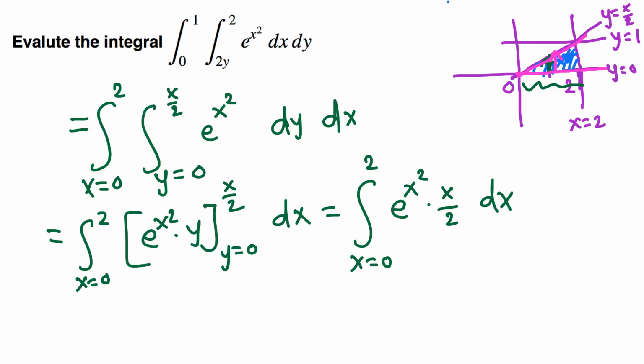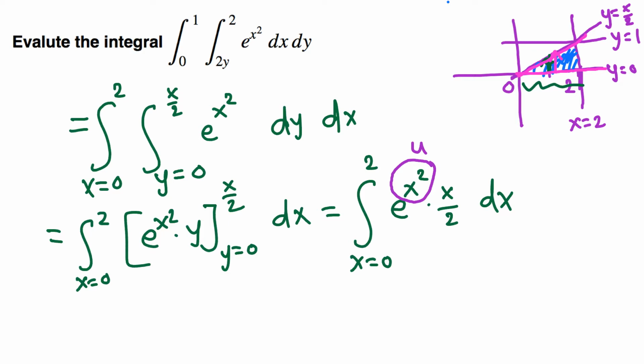This is a product, so maybe use substitution or could be integration by parts. For e raised to x squared, if we think of x squared as u, I'm just trying u-substitution, then its derivative is 2x. We can always manage the constant, so don't worry about the 2, and there is an x, so we can use u-sub.